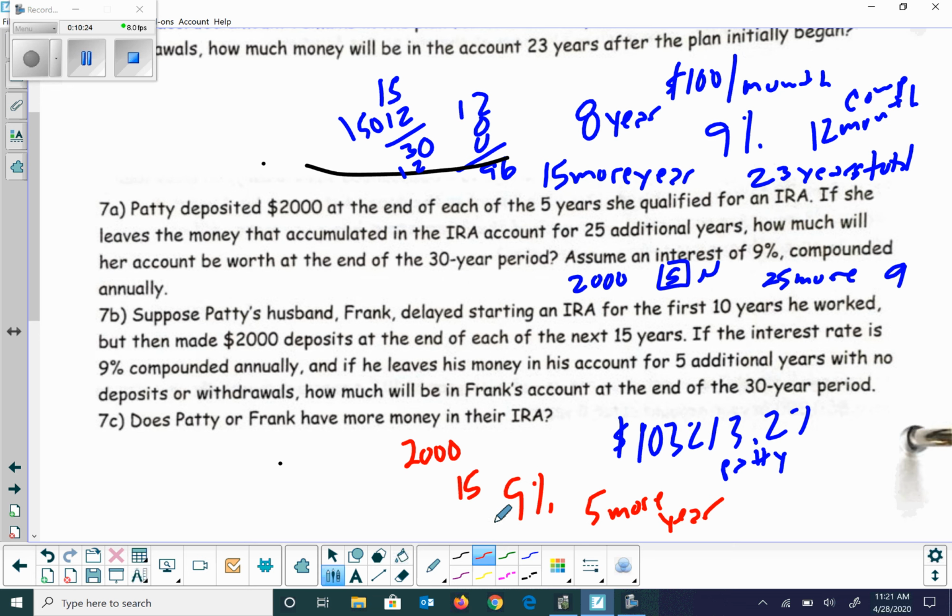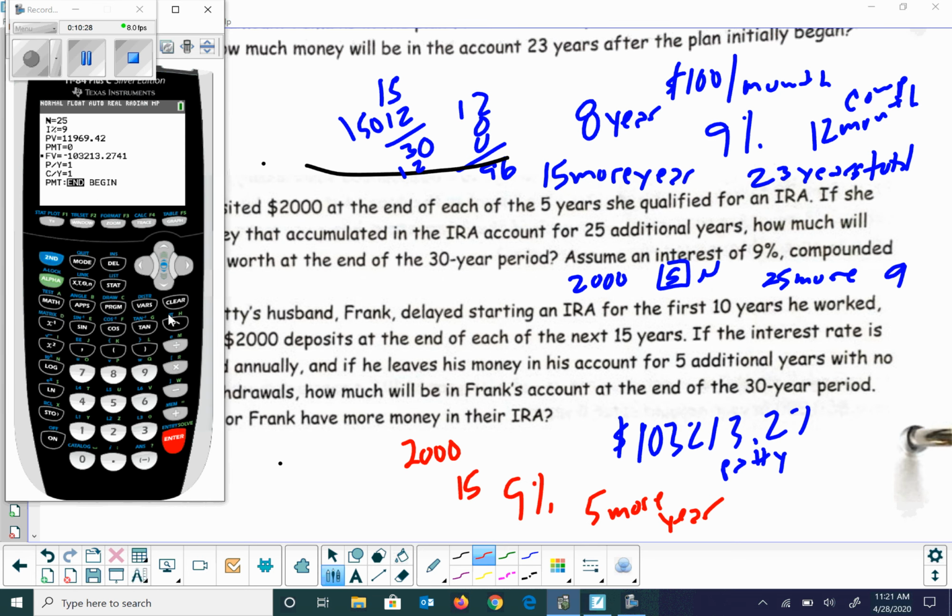I just lost my train of thought. I'm sorry. So number of payments, again, it's annually. So he's doing it for 15 years and it's compounded annually. So 15. He's earning the 9%. Great. Present value, he started at 0.